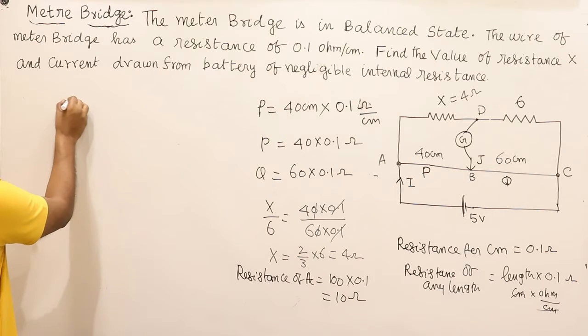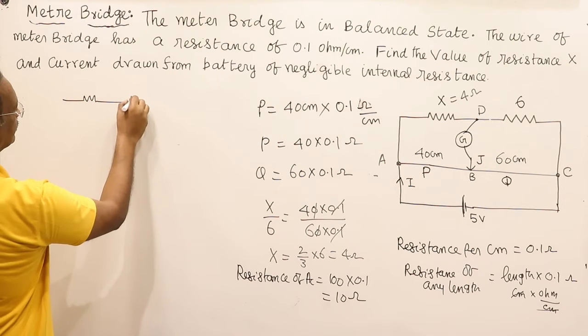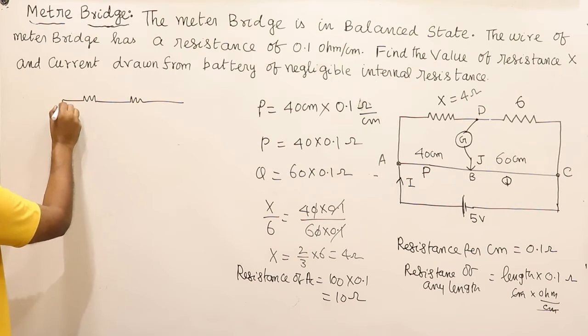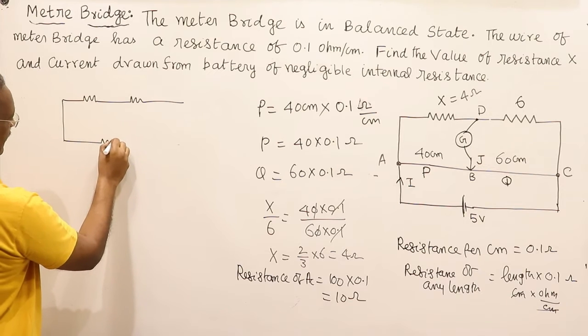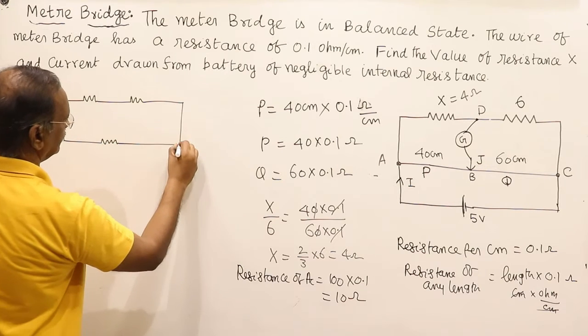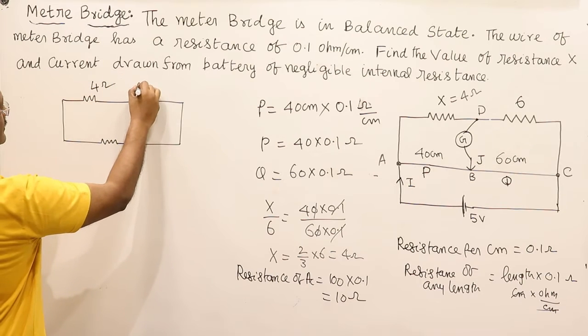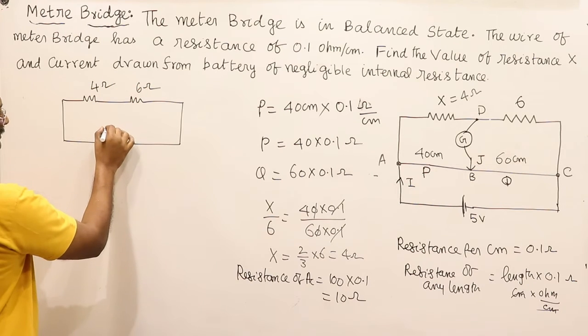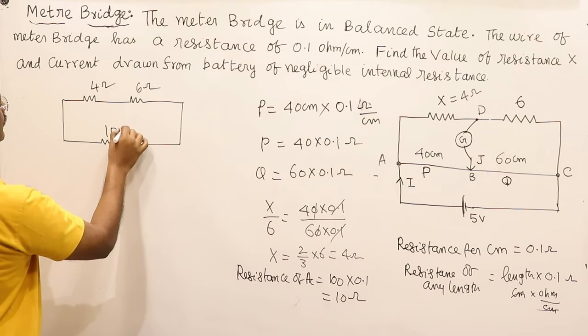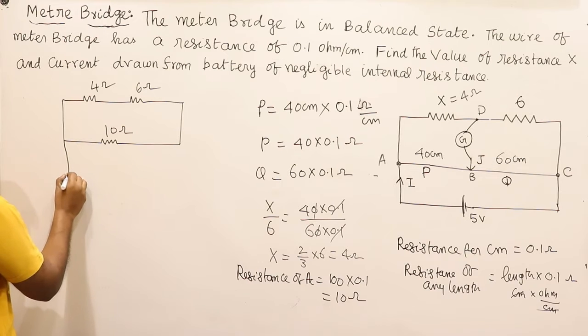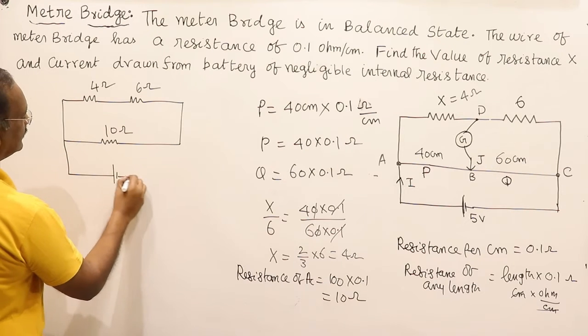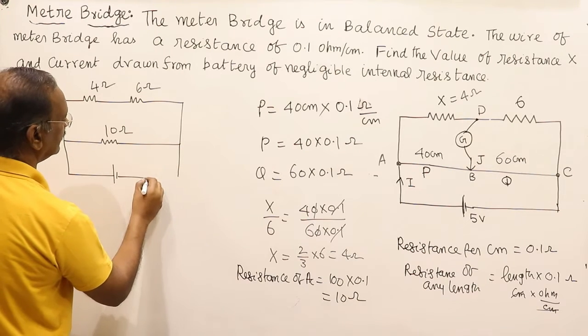The circuit is like this, and this wire AC is drawn like this. This is 4 ohm, this is 6 ohm, and this is 10 ohm, and it is connected with a voltage source with no internal resistance.